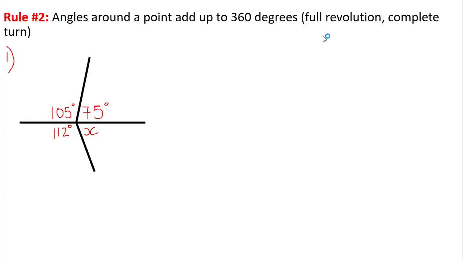Because I added all three of them up, and then I subtracted from 360, and I got 68. Very good. I just took 112 from 180 and I got 68.